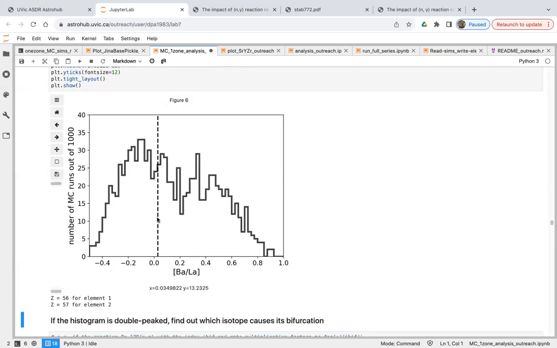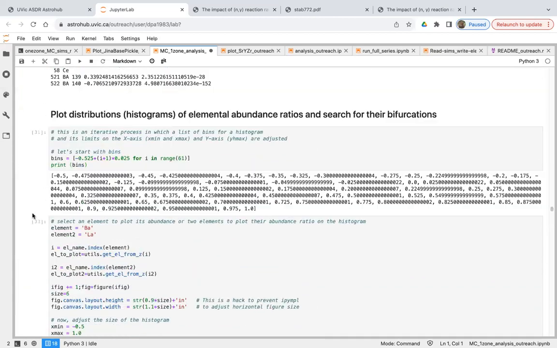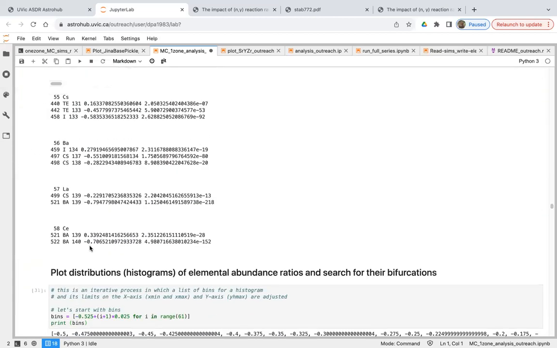And the vertical dashed line corresponds to the template elemental abundance ratio. As you can see in our Monte Carlo simulations, we get values to the left and to the right of the template value.